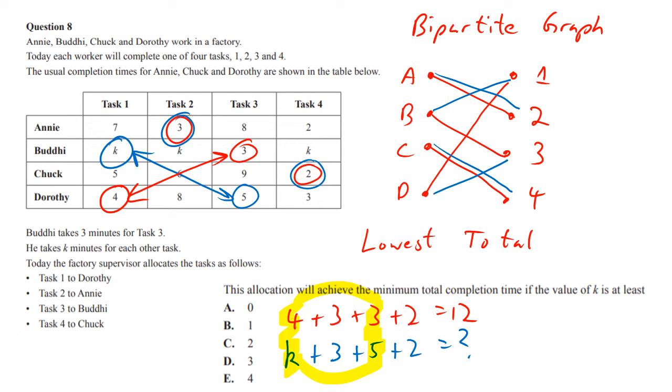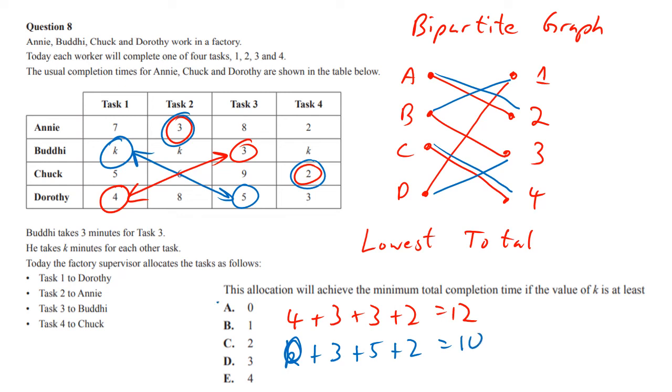So think about this, which is the best way to approach questions, thinking about them. If K was in fact 0, right? You'd have 0 plus 3 plus 5 plus 2, which would be 10.